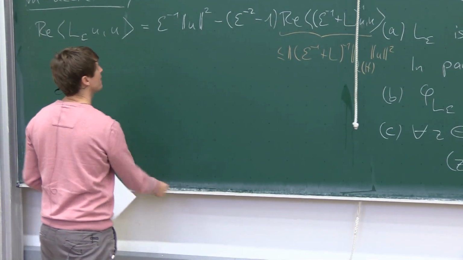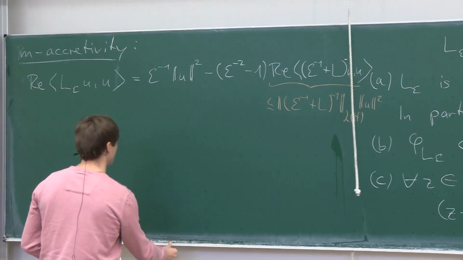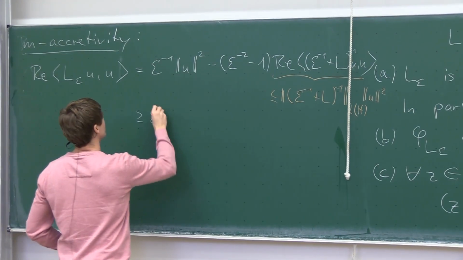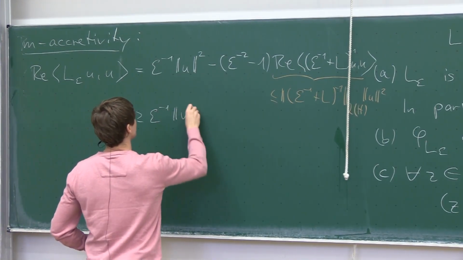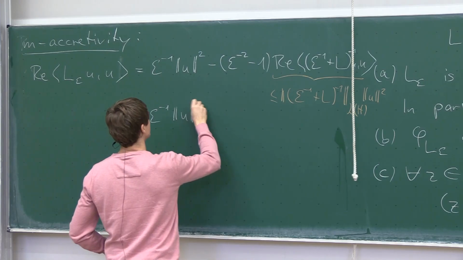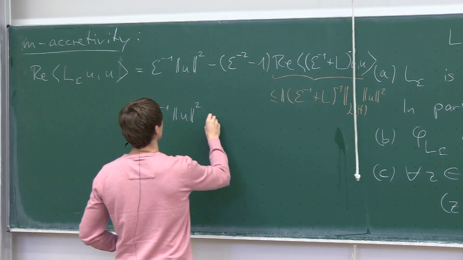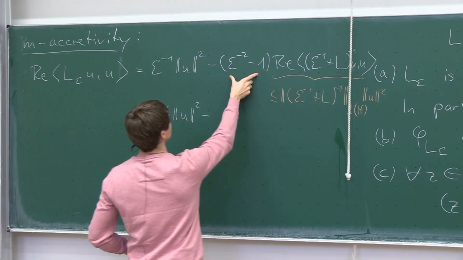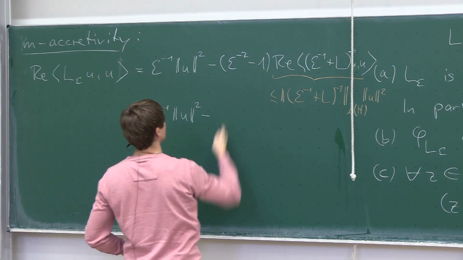So this means that this whole expression is bounded from below by epsilon to the minus 1 times the Hilbert space norm of u squared minus, and now I can replace this by epsilon, and I multiply this by this parenthesis.